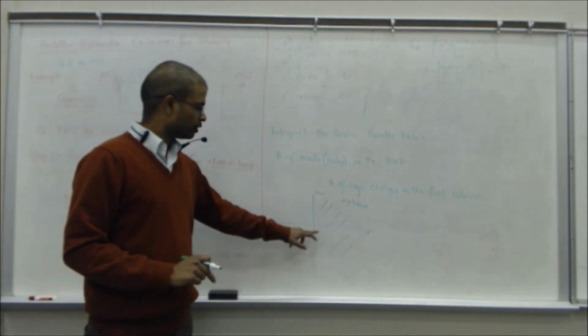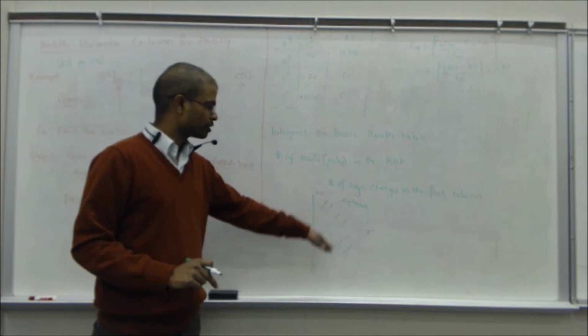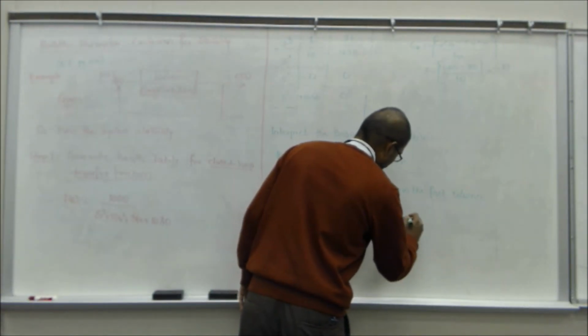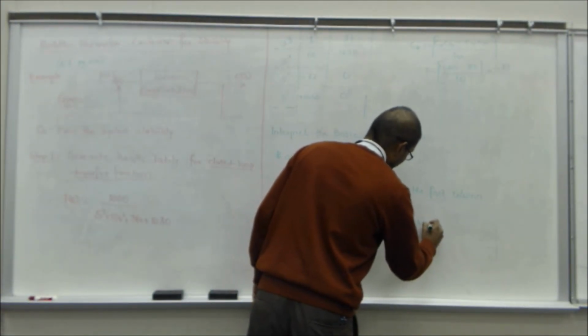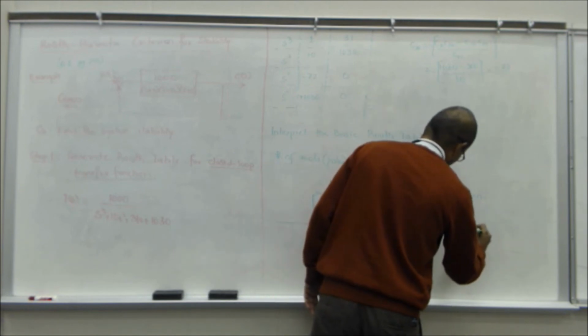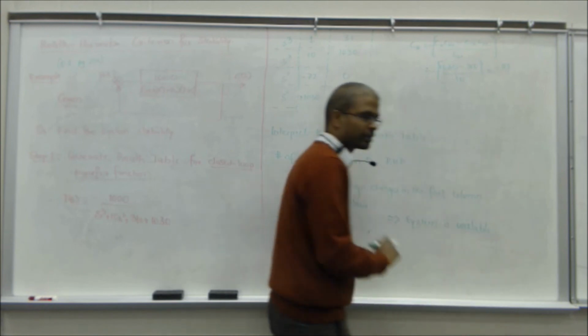Okay. So if you see that there are 2 poles in the right half plane, this means the system is unstable. Any poles in the right half plane means the system is unstable.